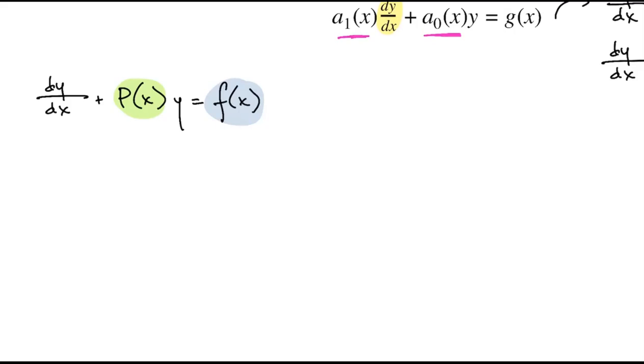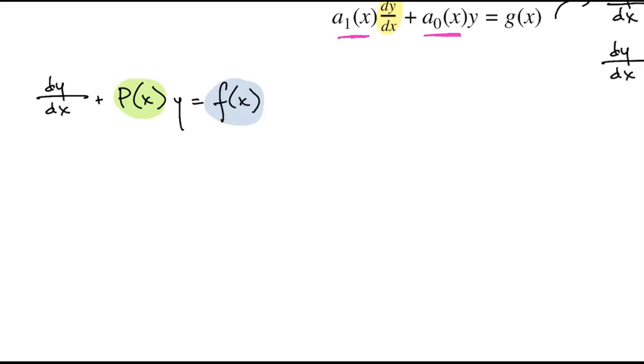So I bet you didn't know you're going to be learning so much Greek as well, but we use a lot of Greek letters here. So we're going to call this magical function mu. And what we're going to do is we're going to say, what if we had this magical function and we multiplied the entire equation by it?